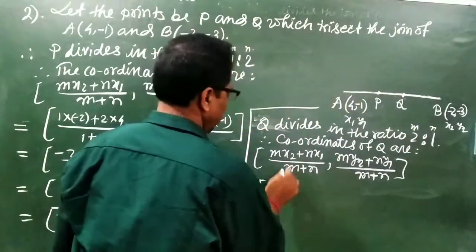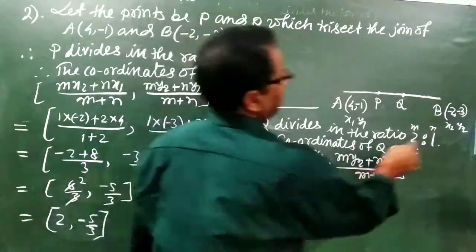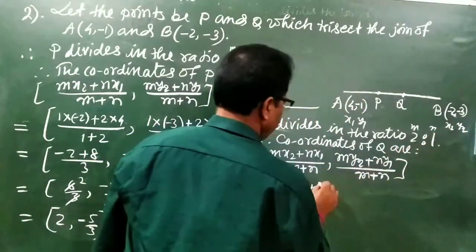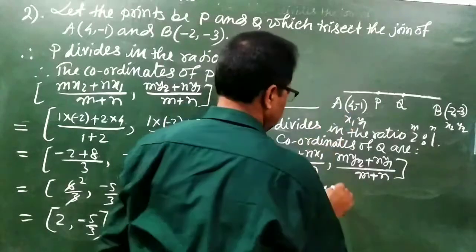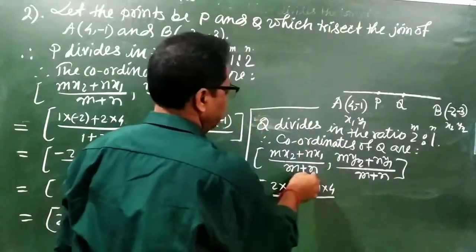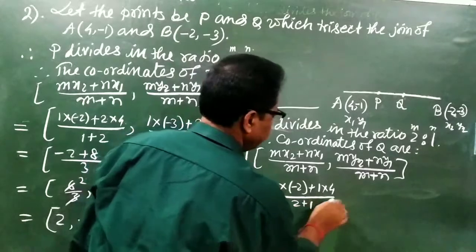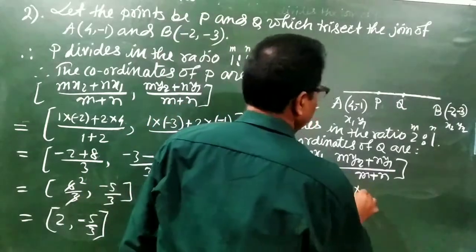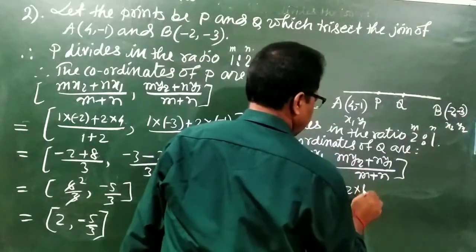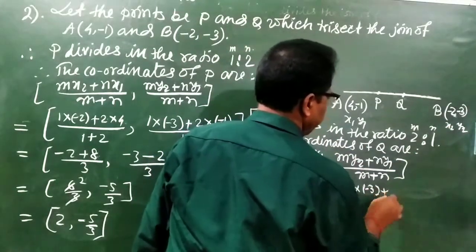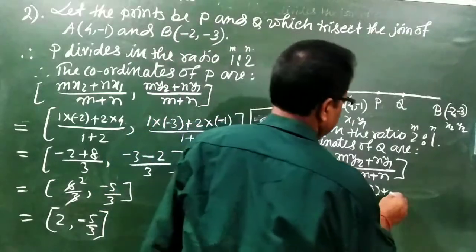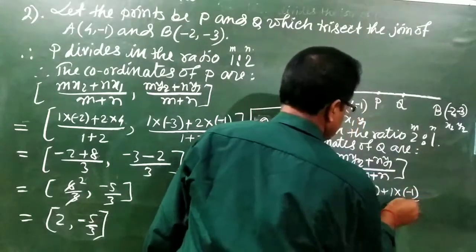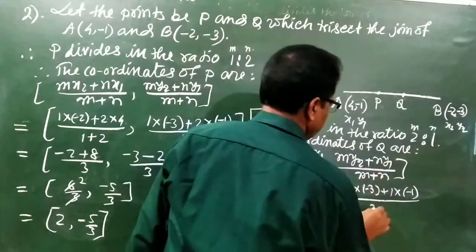Then 2 into x2, x2 value is -2, plus n, that is 1 into x1, x1 is 4, divided by m plus n, this is 2 plus 1. Then m is 2 into y2, y2 is -3, plus n, 1 into y1, the value for y1 is -1, divided by m plus n, that is 2 plus 1.